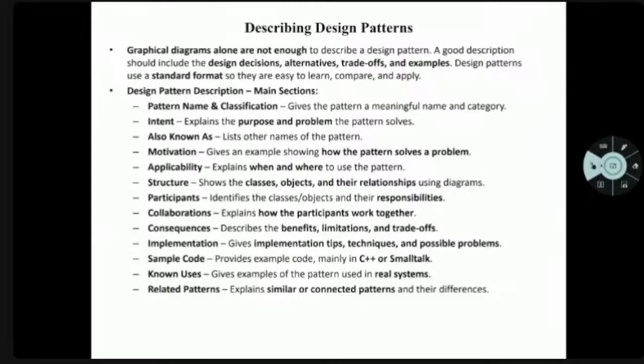What are the collaborations? What are the consequences? What is the implementation? What is the sample code? What are the known uses for the problem, and what are the related patterns of the problem. We have seen these under describing design patterns. These are the different parameters which we consider when describing design patterns.